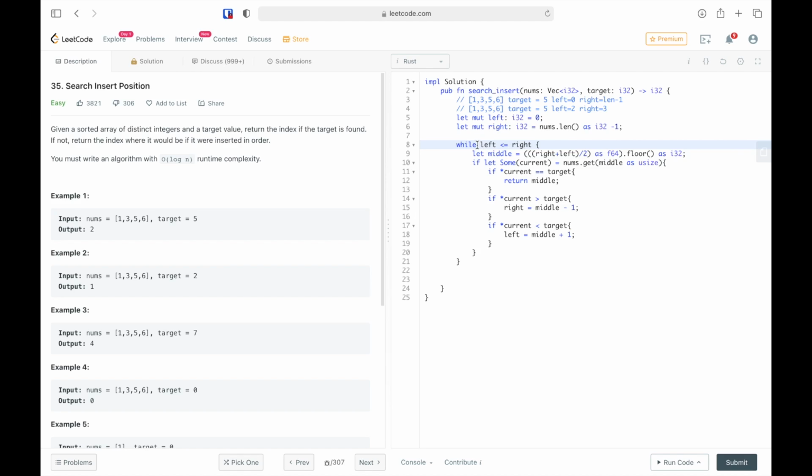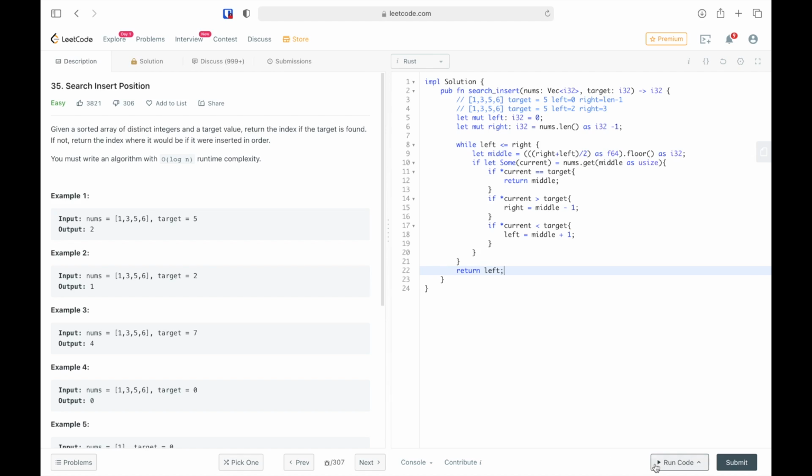When left is greater than right, it means that's where the number should be. So we're going to return left.